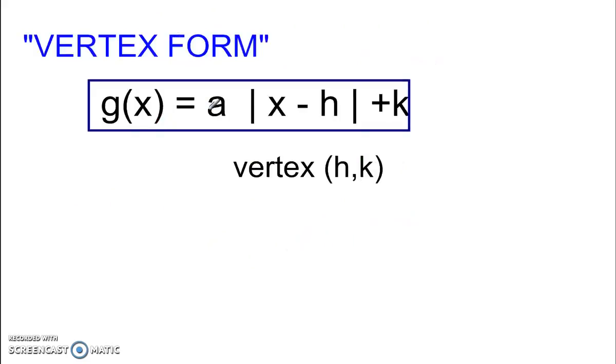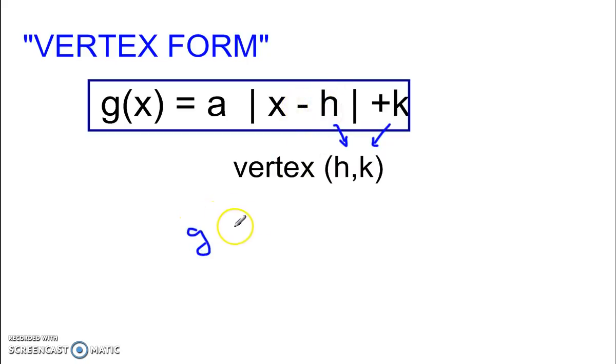Put this in your notes or make an index card adding all the different transformations for an absolute value. Now, in absolute value functions, if you write it in this form, this is called the vertex form. We've got a multiplication outside the absolute value, no multiplication in here. We've got x minus a number and then plus something out here. The vertex can be found as h and k. Now note that this is minus h.